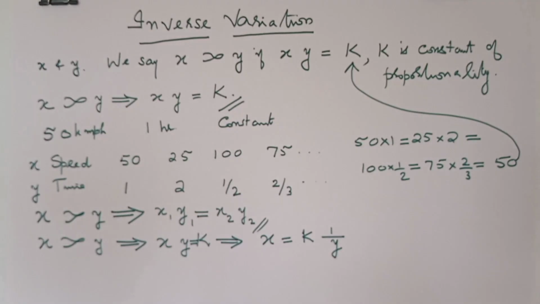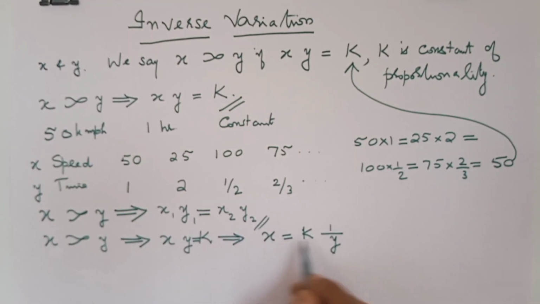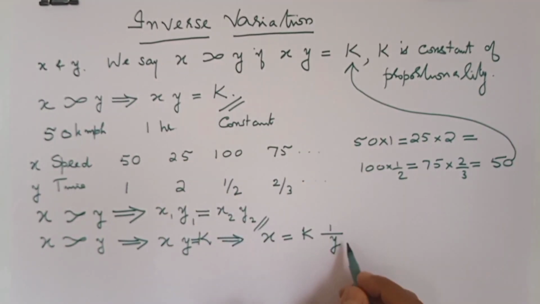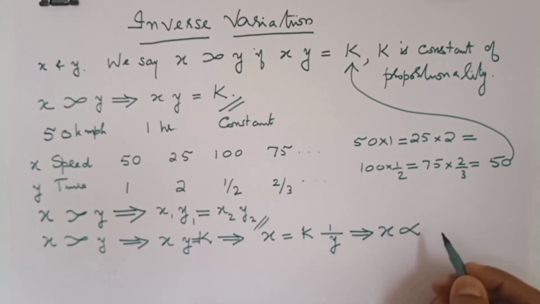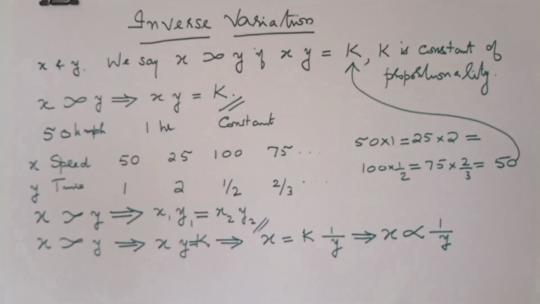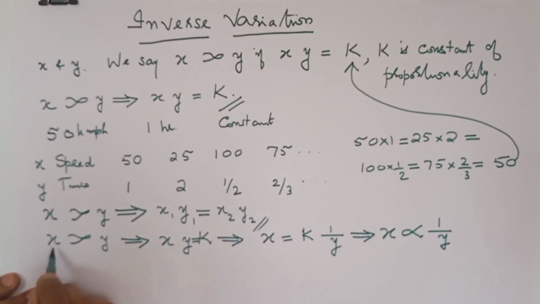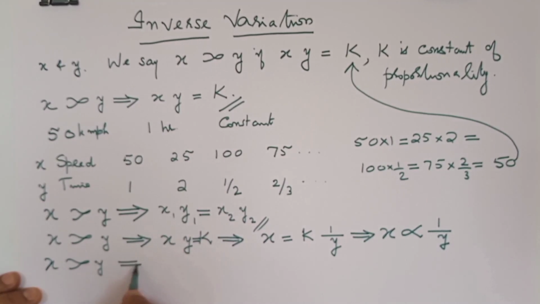Now, if y is a variable, 1 by y will be another variable, and x is the first variable we have chosen. This is similar to the direct proportion we have already covered, which means x is directly proportional to 1 by y. Rather, you started here and it took us to this step.